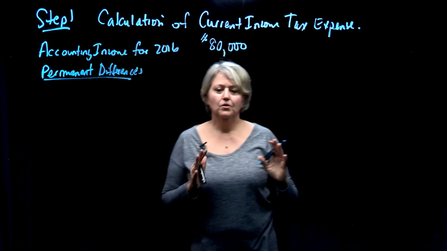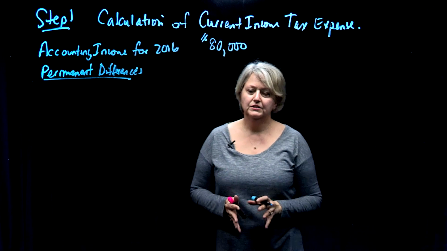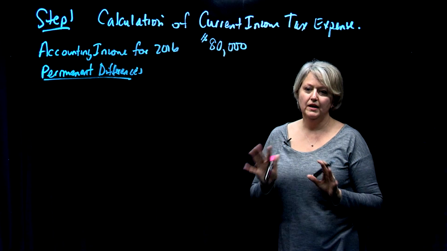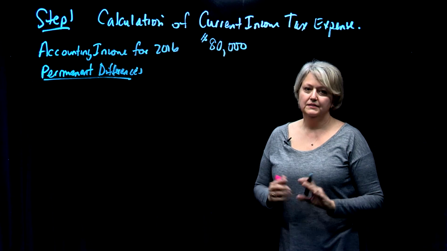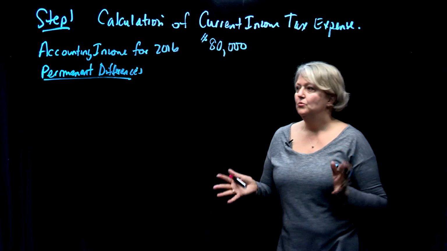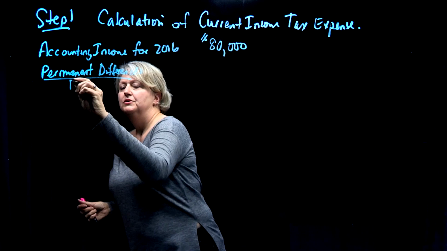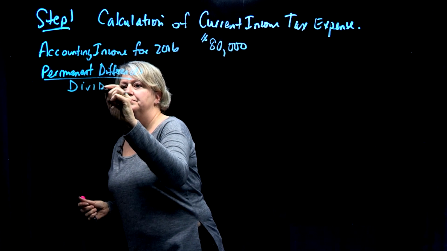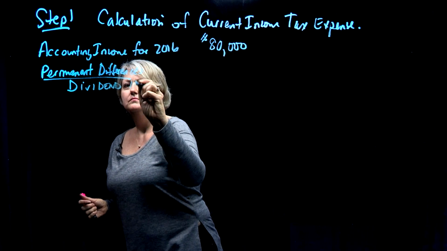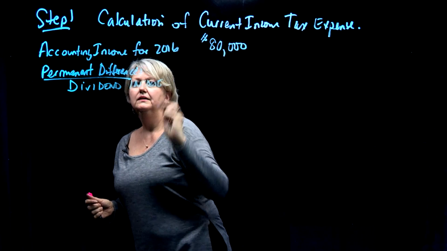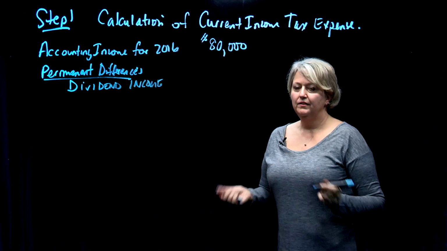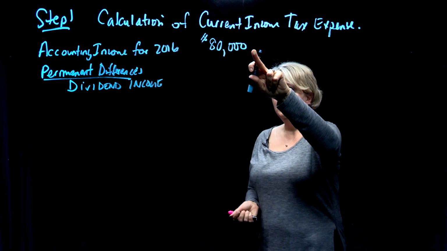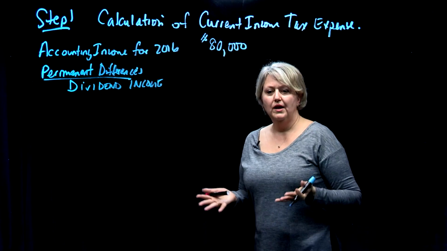Okay, so in the facts that I gave you, there were three things that happen to be permanent differences. They will never be taxed the same way they are recorded for accounting. One of them is the dividend income. So we had dividend income that we received from Canadian corporations of $8,000. So that's included in that accounting income figure. We don't have to pay tax on that.